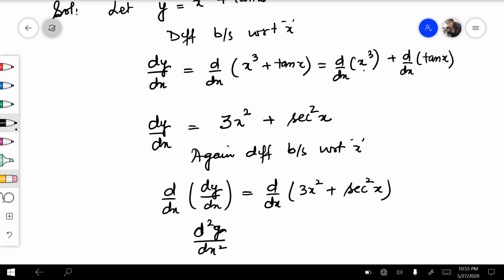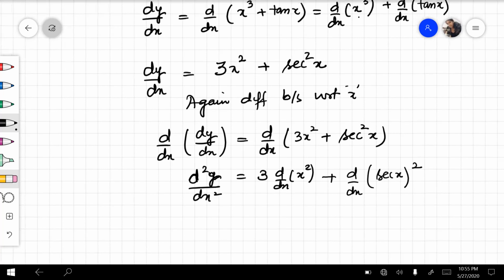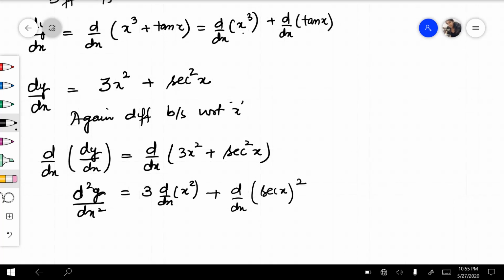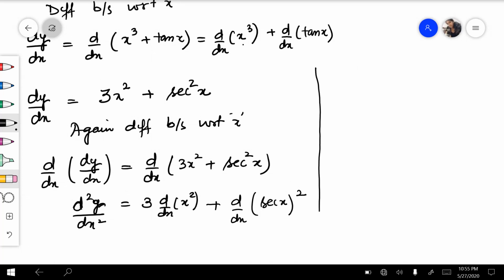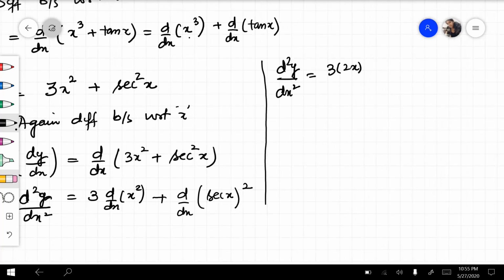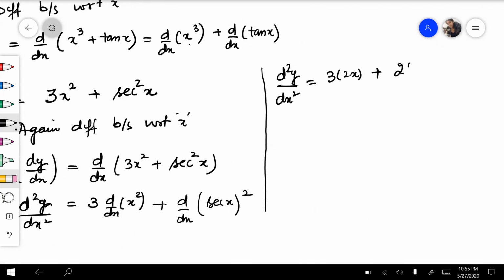dx square, which is equal to 3 times d by dx of x square plus d by dx of secant x whole power 2, which is equal to d2y upon dx square, the differentiation of x square is 2x, plus 2 times secant x raised to power 2 minus 1 into d by dx of secant x.